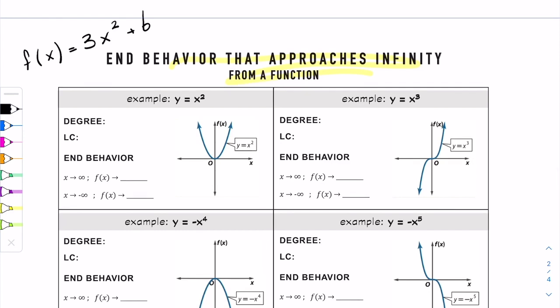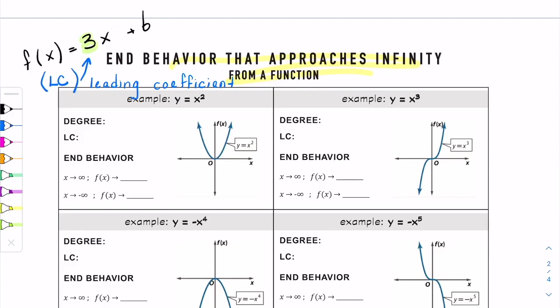In this function, this value of 3, that is called the leading coefficient. And I always abbreviate leading coefficient as LC, just to save me some time of writing. So leading coefficient is LC.